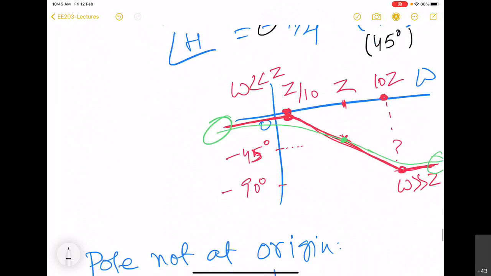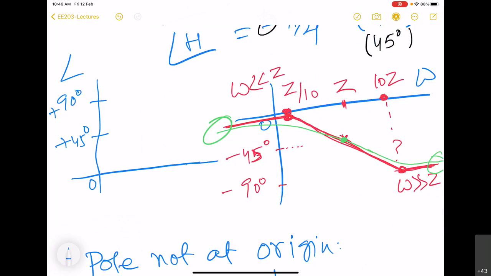So we see that the phase plot is going to be completely modified. What we will get now is a plot which will be in the positive direction rather than the negative one. So this is 0. This is 90 degree plus 90 degree. This is plus 45 degree.